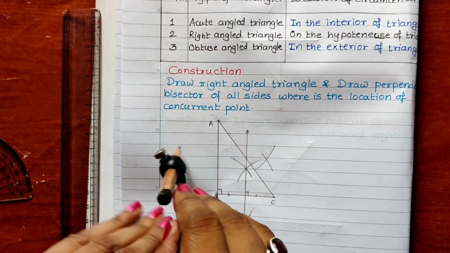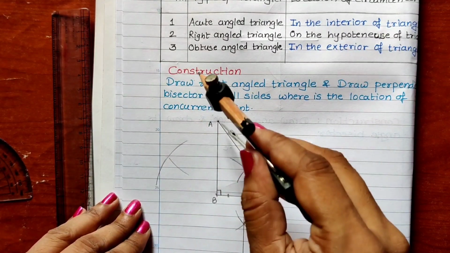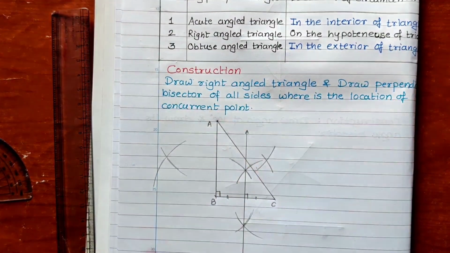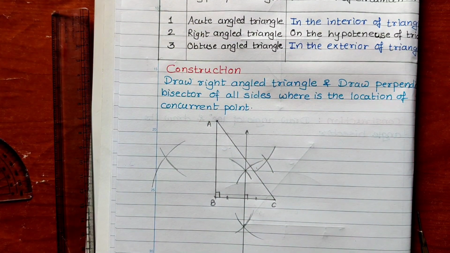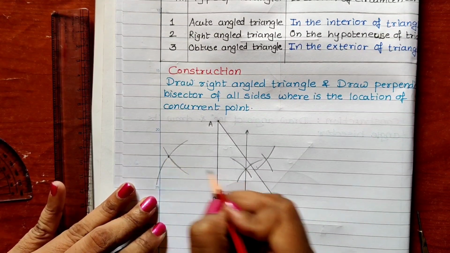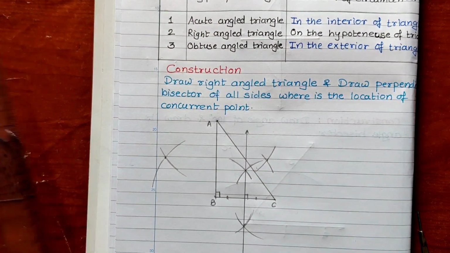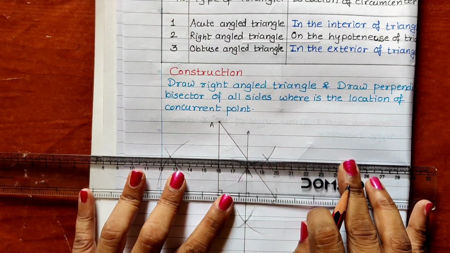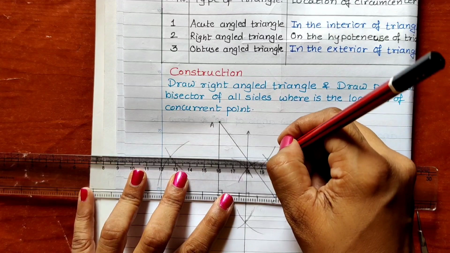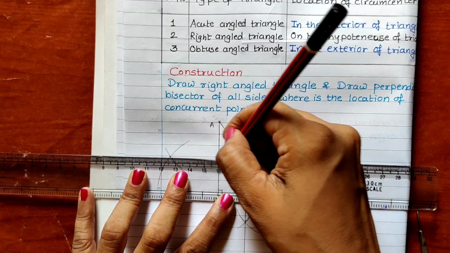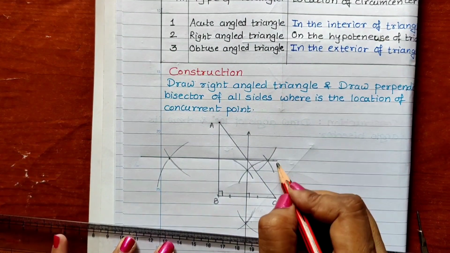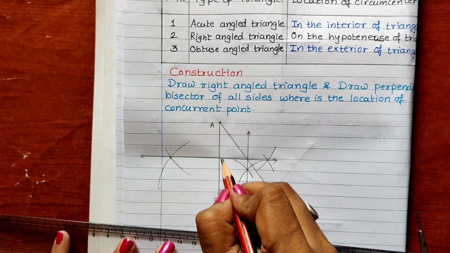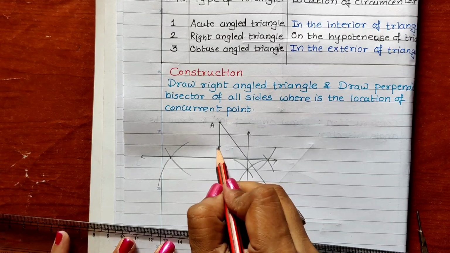The previous arc is smaller, so we will be increasing that in this way. And now you can make the points dark so that we can draw a line passing through these 2 points. This is the perpendicular bisector of side AB.